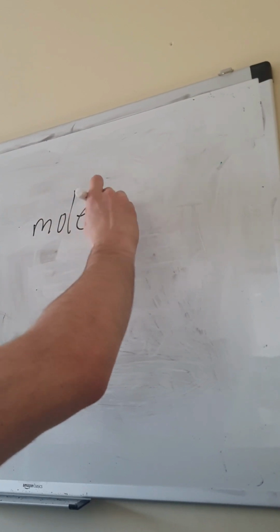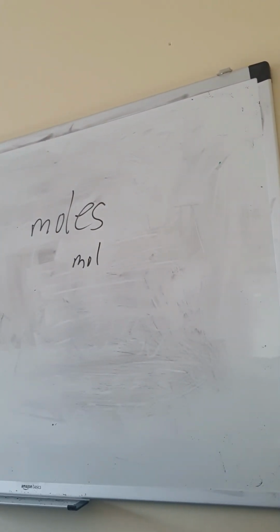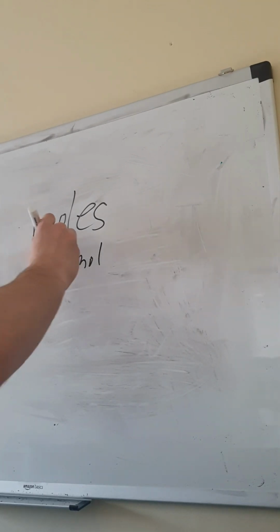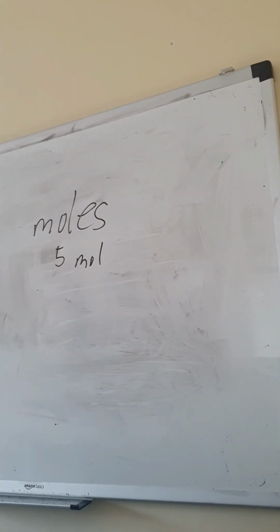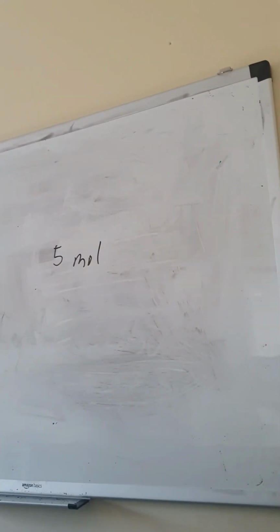So, starting with moles. It is about amount. Mole. It's not like the little creature that burrows underground, no. M-O-L-E-S. And the unit is the mole, M-O-L. Right, so if I have 5 moles, I have 5 of a certain amount of a chemical.